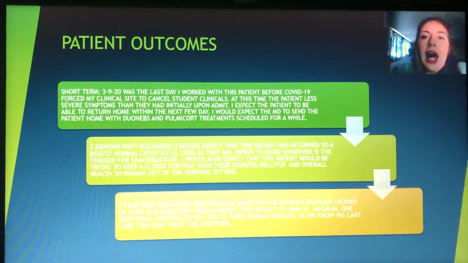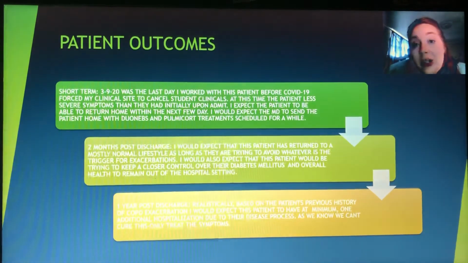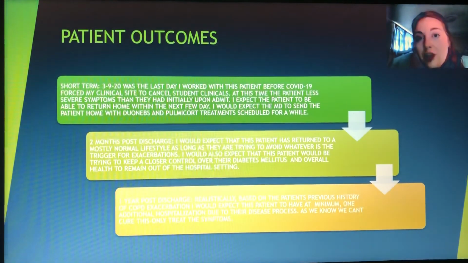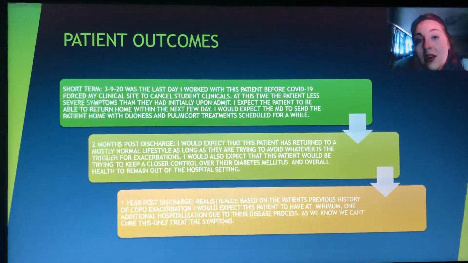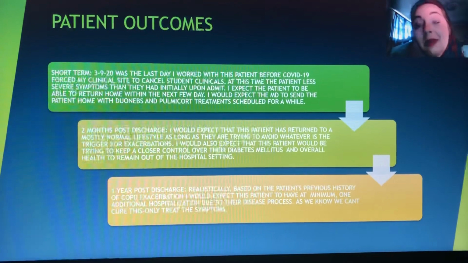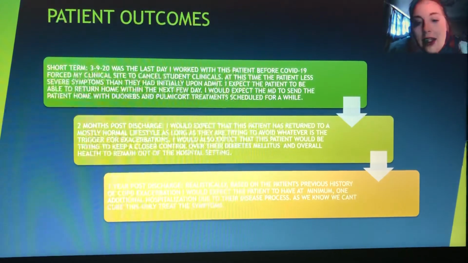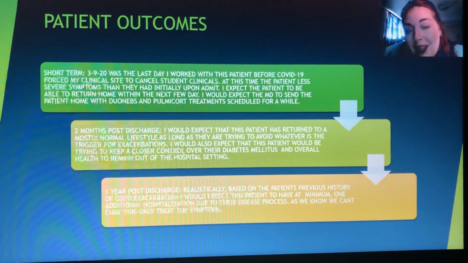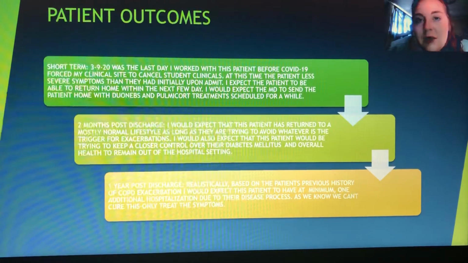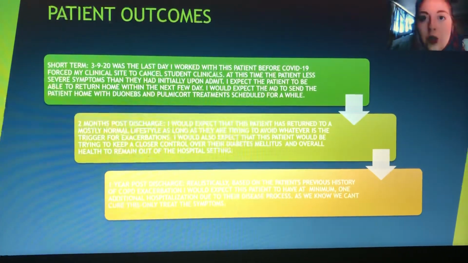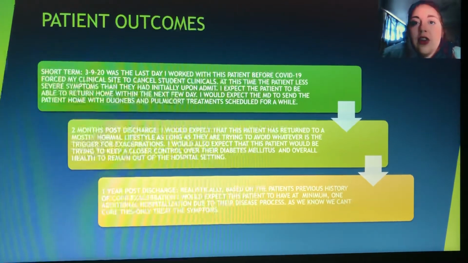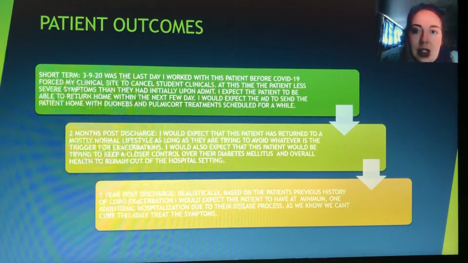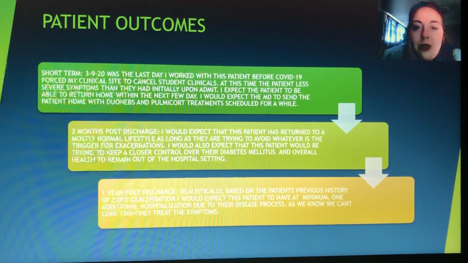And so I would say that realistically, this patient will probably be hospitalized at minimum once within the next year. We can't cure COPD, but we can treat the symptoms, and we can try to avoid the triggers, and we can give these patients the information they need to live a more fruitful life.